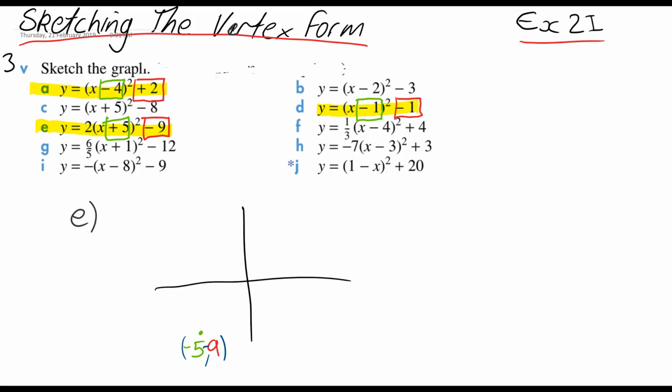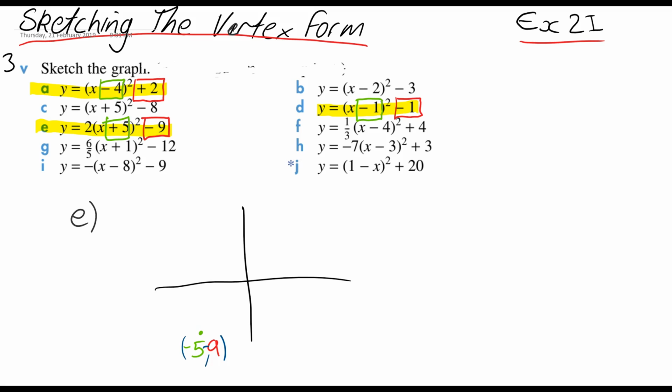Now I'm going to expand to find intercepts. This is where the dilation factor comes in. This too makes the graph narrower, so it's going to change my intercepts. It means it's moving up twice as fast as normal, which is going to make it thinner, so it's going to change my intercepts.